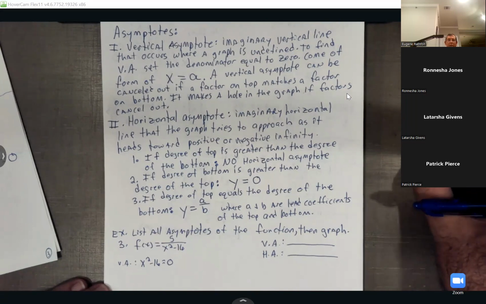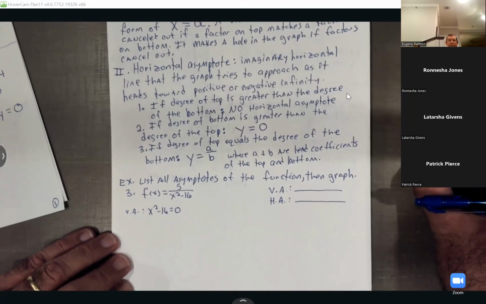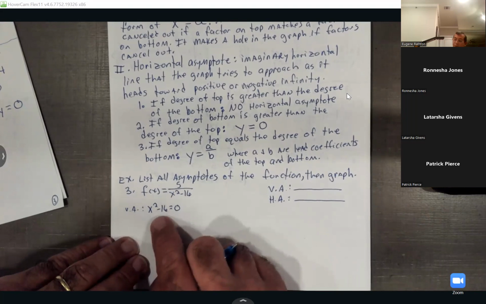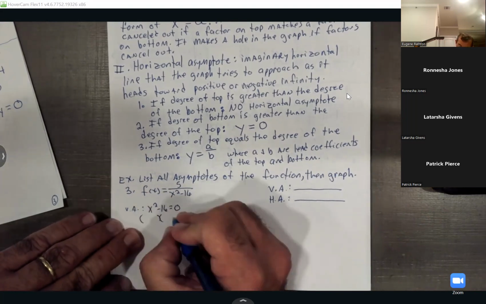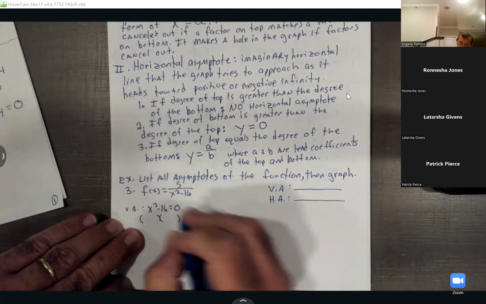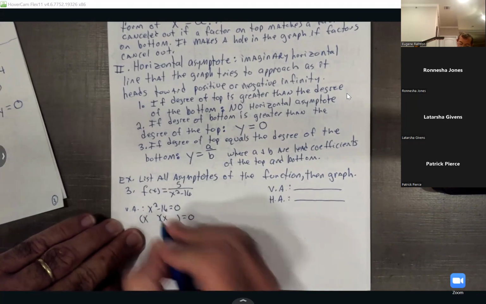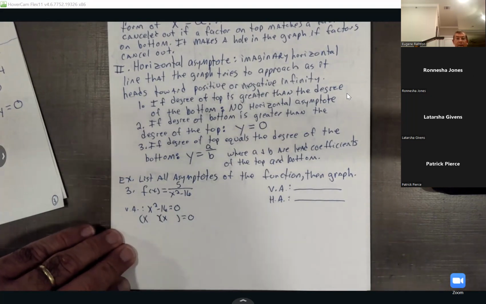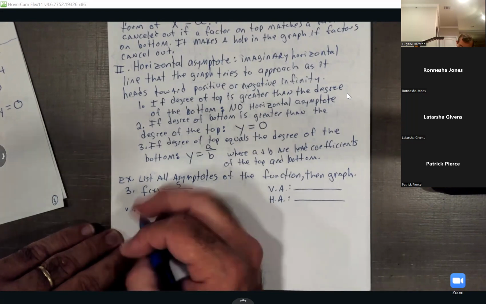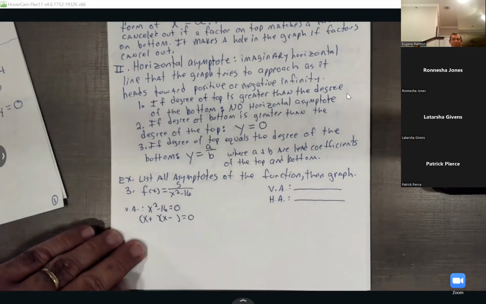So y'all, let me pull my camera down a little bit here. Now, you can solve this by factoring. Watch this. In the front, we got an x and an x. So what signs would I put in here? The last number is negative, so what's that mean? Positive and negative 4. Oh, good.